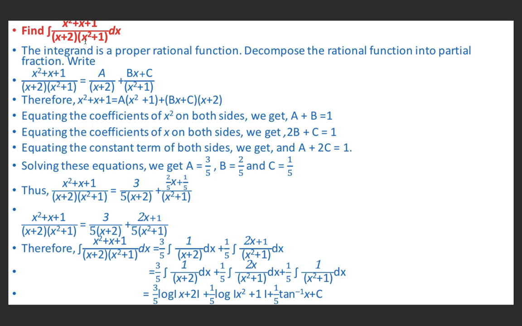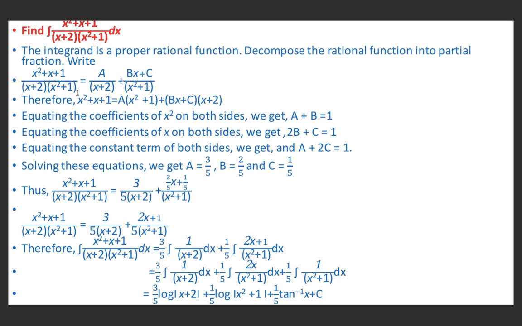We cannot factorize into linear factors, in fact into real linear factors. So this is a linear factor and this is a quadratic factor. So we can write it as a upon x plus 2 plus bx plus c upon x square plus 1, because we have learned that for the case of quadratic factor we write the term in the numerator as bx plus c.